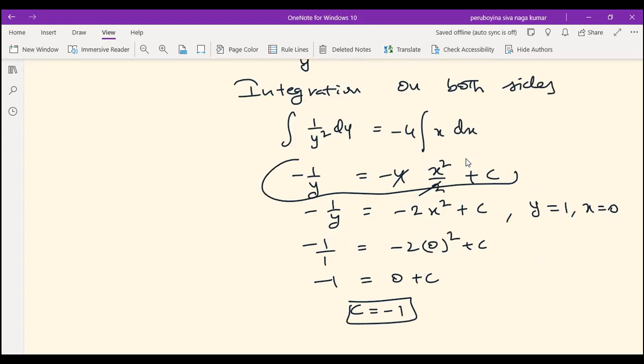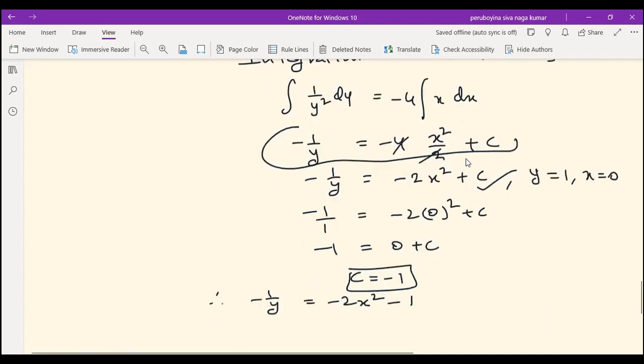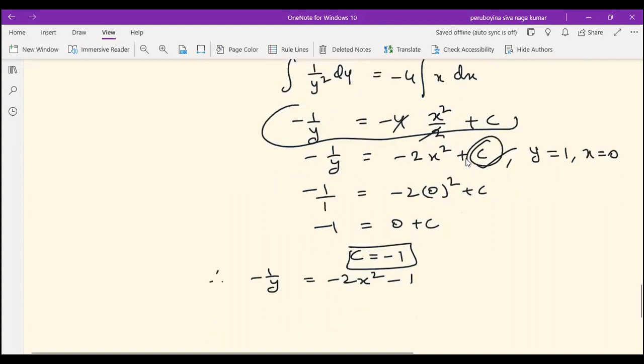Therefore, the particular solution: minus 1 by y is equal to minus 2x square minus 1, because I just replaced the c value with minus 1. Overall, you can remove the minus signs. So 1 by y is equal to 2x square plus 1 is the answer of this question.